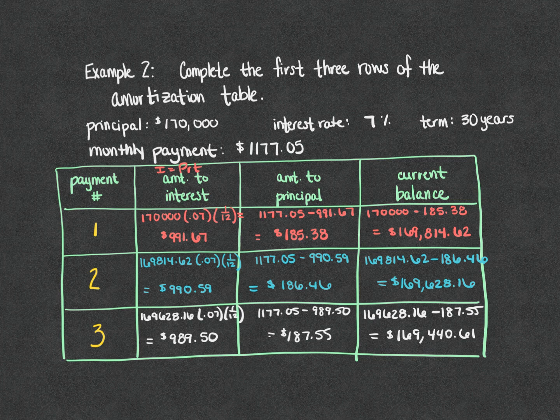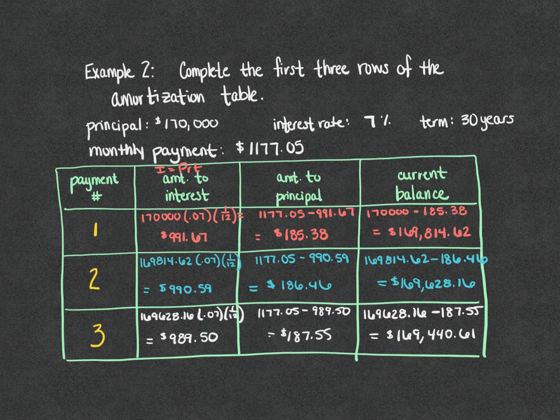So if you multiply the monthly payment by 3, it's about $3,500, give or take. Notice that the amount we've actually reduced our loan by is only about $560. So we've paid $3,500 out of pocket, and we've reduced our loan by about $560.